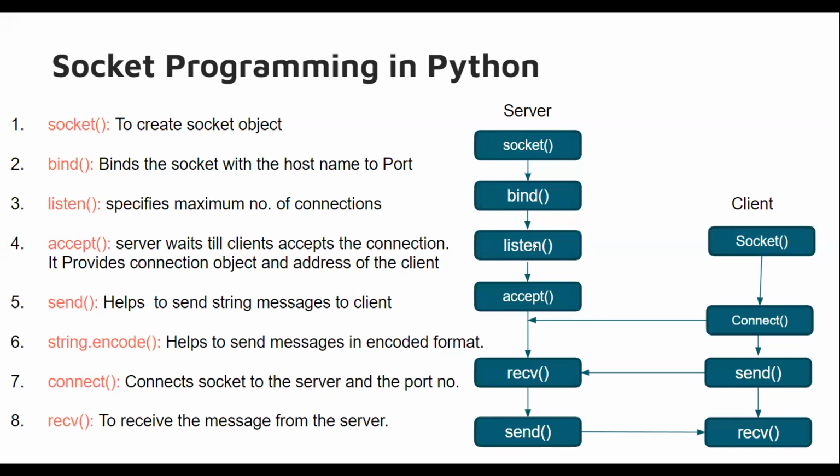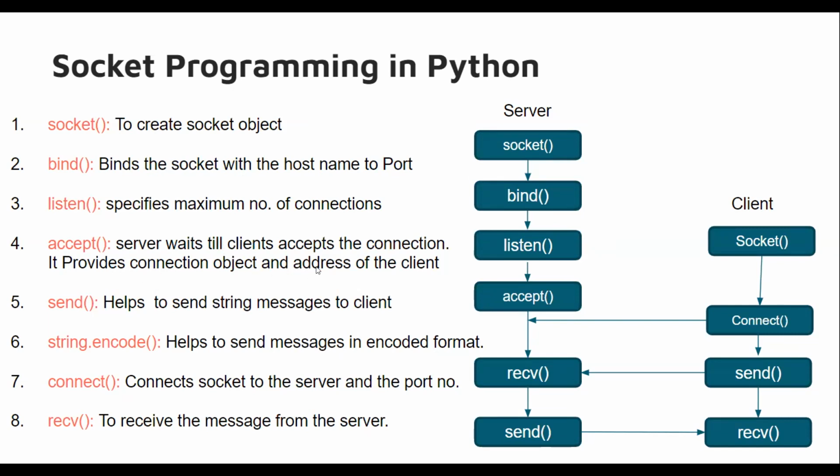Listen tells the server how many clients you are going to entertain at a single point of time. If I write listen in parenthesis 1, I'm going to handle only one client at a time. Accept is the function where the server waits till a client connects.